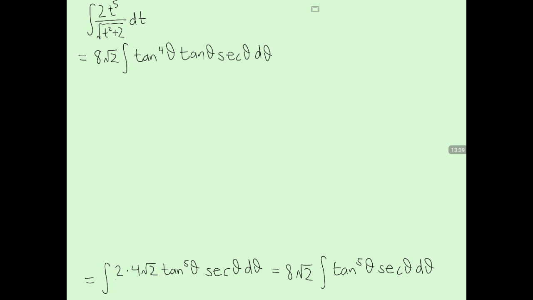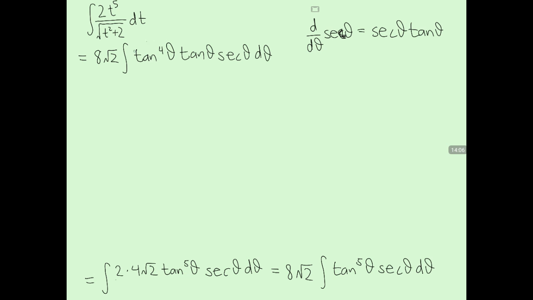So let's consider the derivative of secant theta. The derivative d over d theta of secant theta is going to be equal to secant theta tan theta. So we have our secant theta tan theta right here.